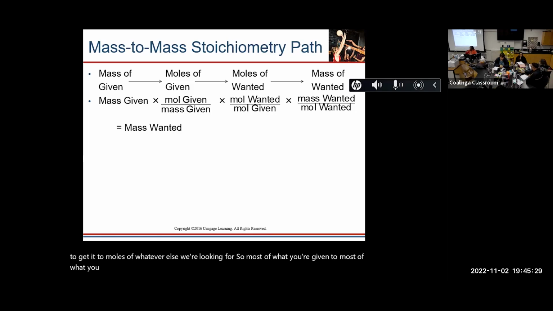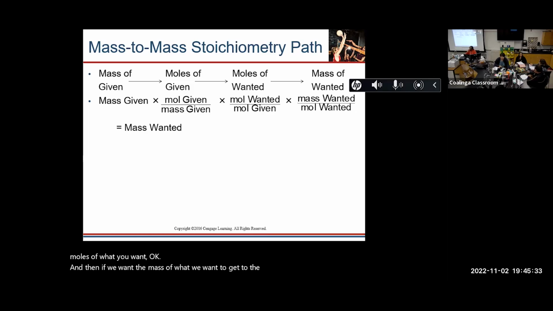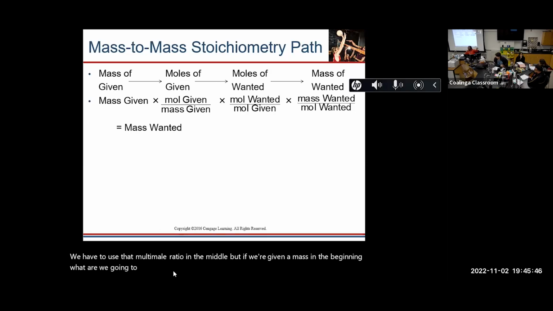And then if we want the mass of what we want, we get to the mass. We have to use that mole to mole ratio in the middle. But if we're given a mass in the beginning, what are we going to use to get to moles? Molar mass. Exactly.